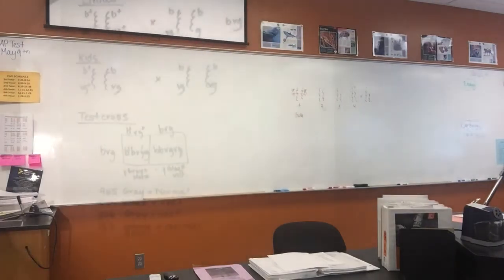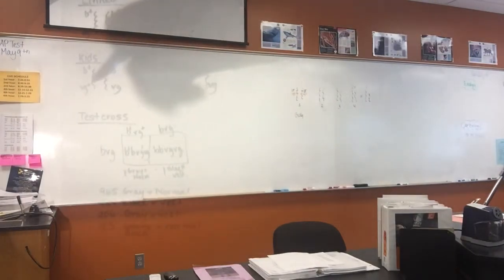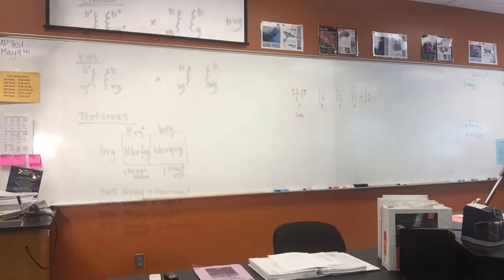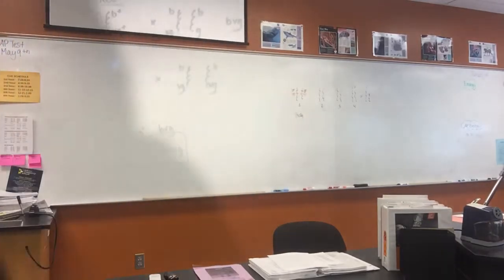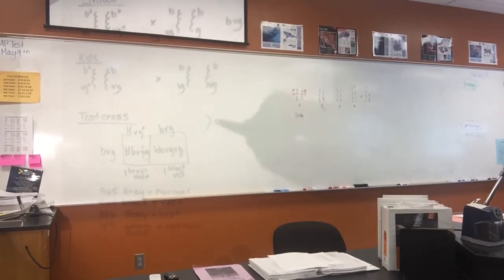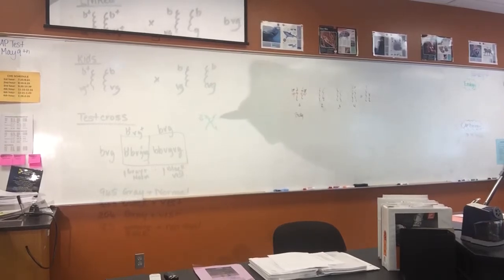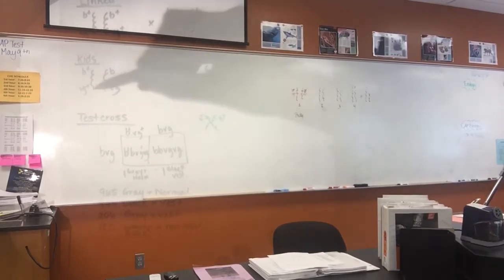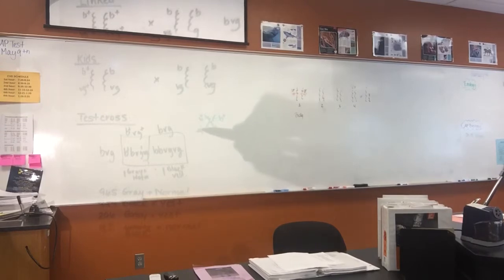So looking at this parent here, when this chromosome replicates to go through meiosis, here's your replicated chromosome. It has the B plus gene, and this side is an exact replication, and then the VG plus gene and VG plus.